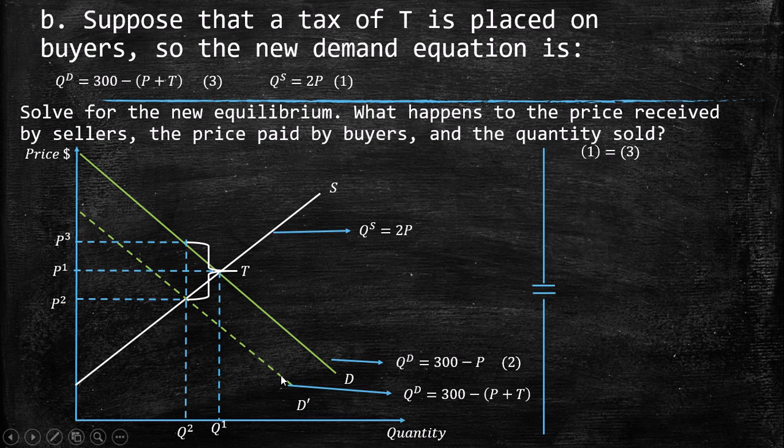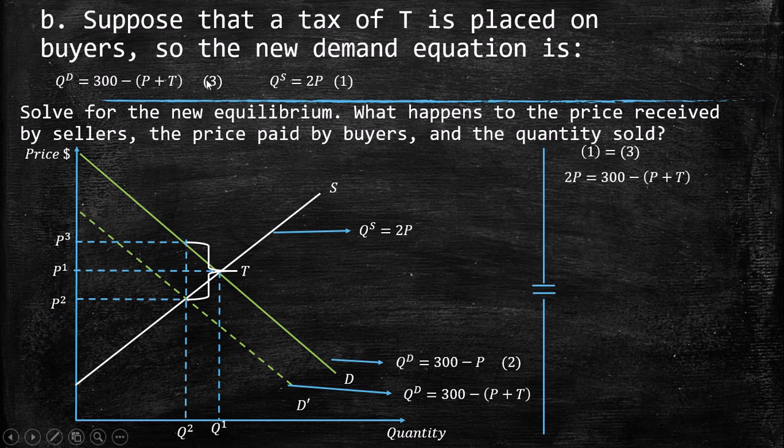So what I'm going to find by making these two equations equal is P2 and Q2. Q2 is going to be the quantity traded after the tax, and P2 is going to be the money received by producers.